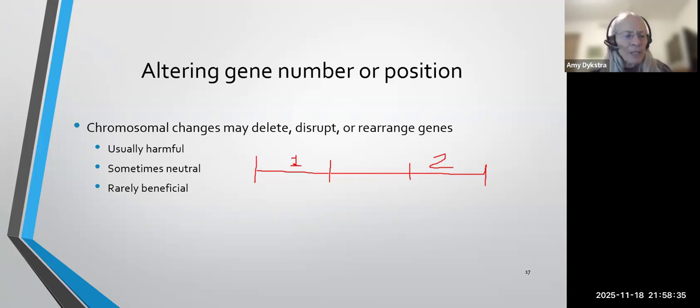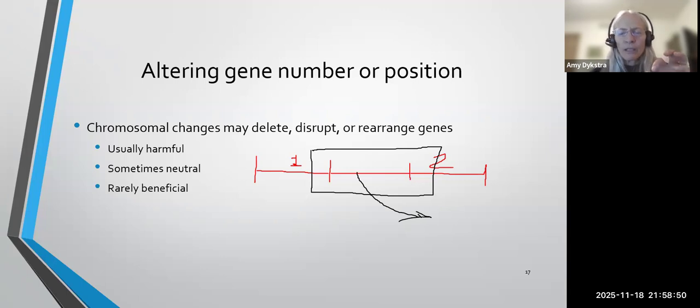Maybe I'll change my ink color to black. So if this piece of DNA right here gets moved to someplace else in the chromosome, then both gene 1 and gene 2 will be disrupted.